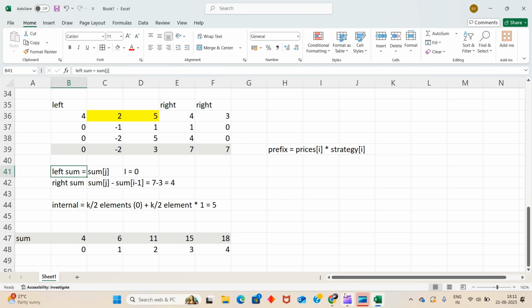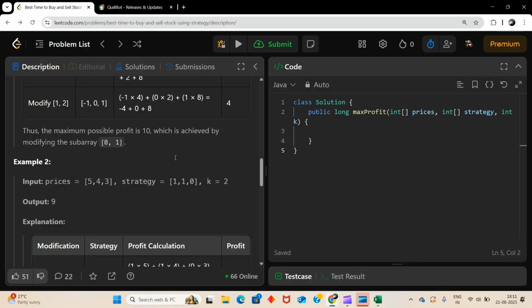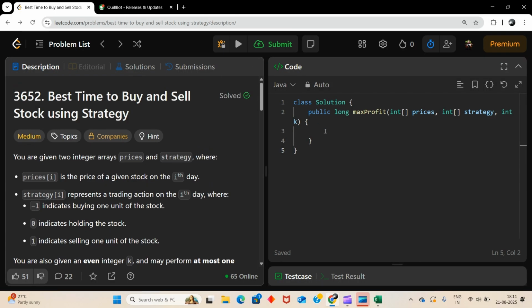Now let's code. Here we are using long, so long prefix is equal to new long of n, and I will use one n variable which will be prices dot length.